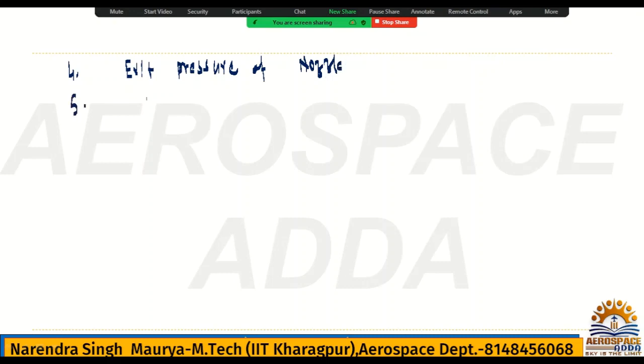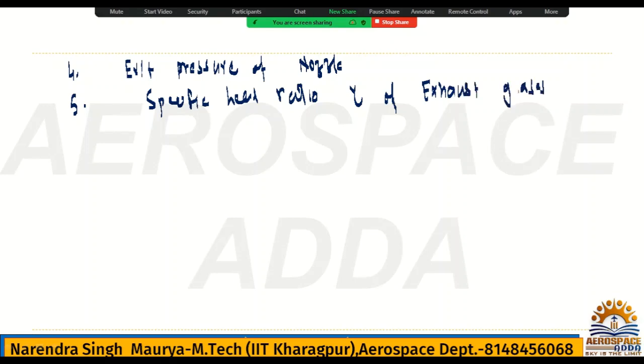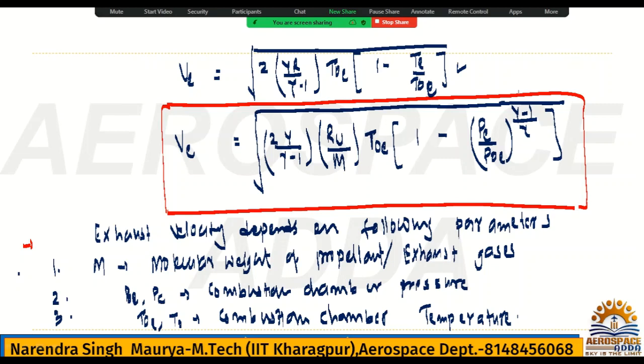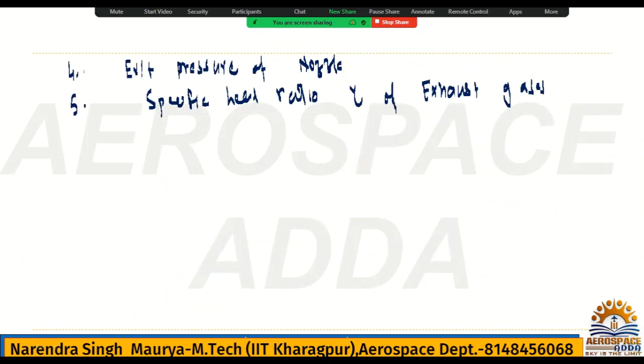Point 5 is the specific heat ratio gamma of the exhaust gases. So all 5 points you need to remember for the exhaust velocity; these are the important points. Theoretically, sometimes questions are asked based on it, so please remember this. This is the dependency of the exhaust velocity of the nozzle.